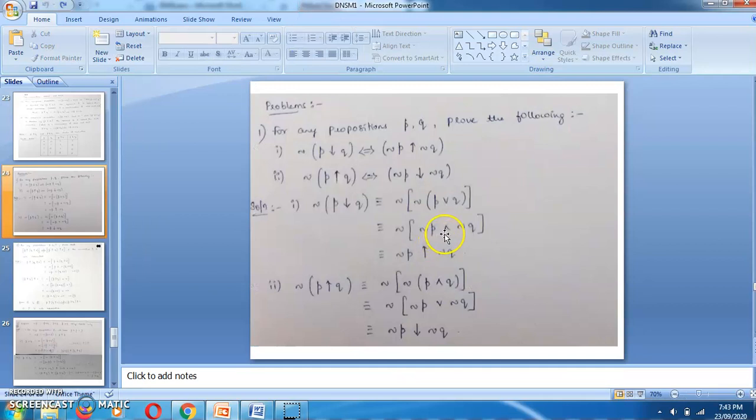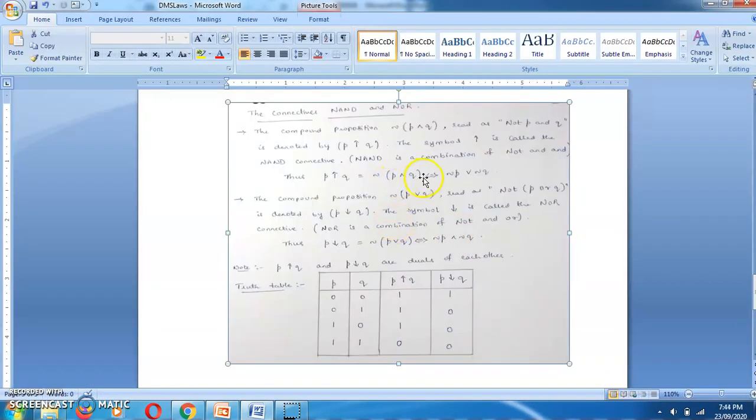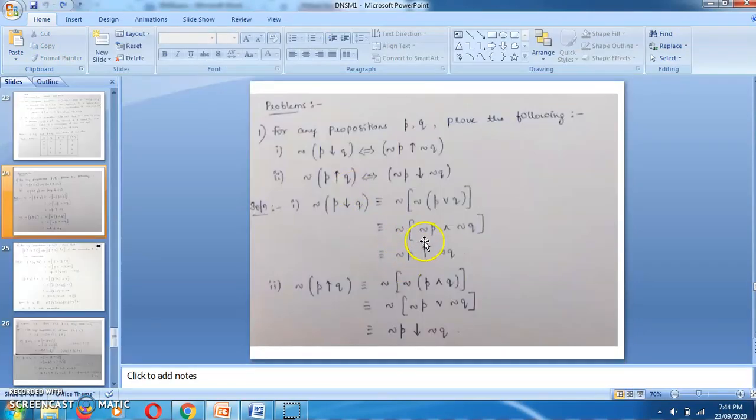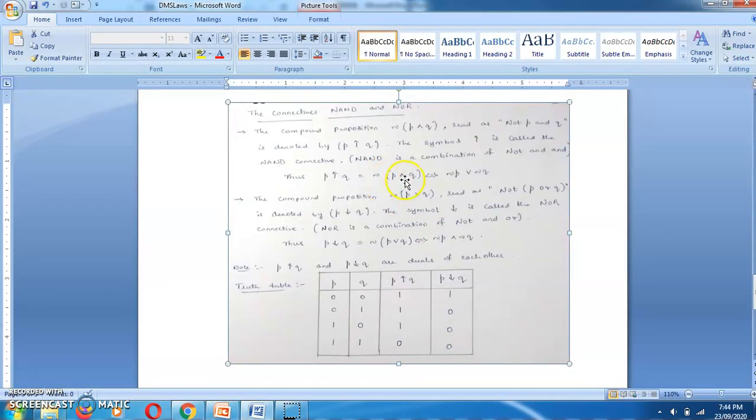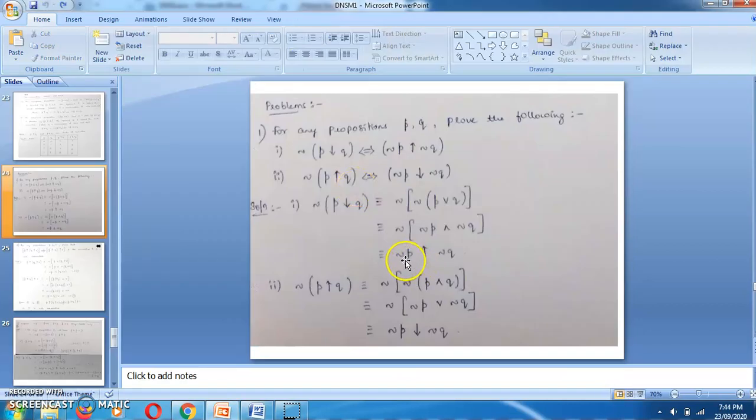So if you simplify this, it is in the form negation of P and Q. Considering this as P and Q, it is in the form negation of P and Q. So you can easily write this as P NAND Q, and it is a NAND.